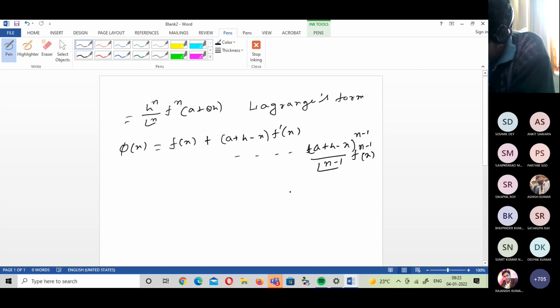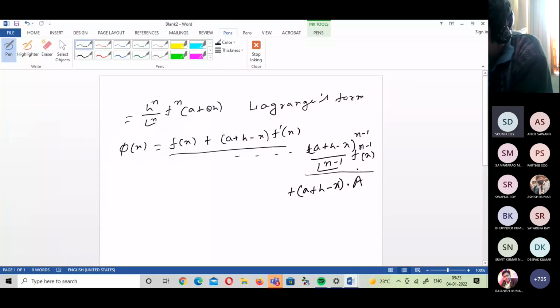And the last term, if you take a plus h minus x to the power p into capital A, where p is 1. In the previous case, p was n. Here, if you take p as 1, then what will be the situation? Just like the previous, all the terms will be cancelled in the case of phi dash x.